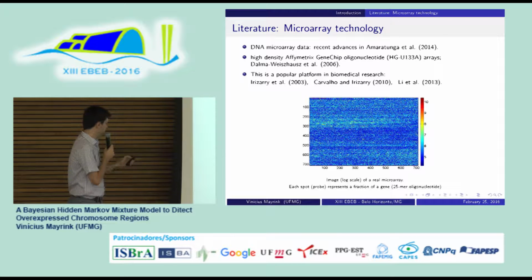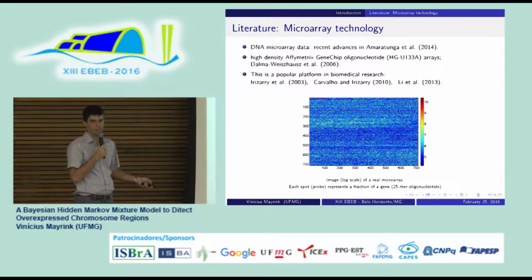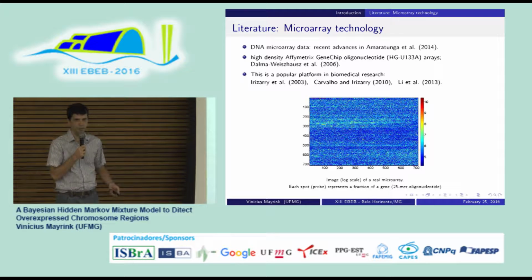We are particularly interested in this type of microarray here from Affymetrix. I show an image graph here in the log scale, where each spot is called a probe, and they represent a fraction of a gene containing 25 nucleotides, those letters from the DNA.